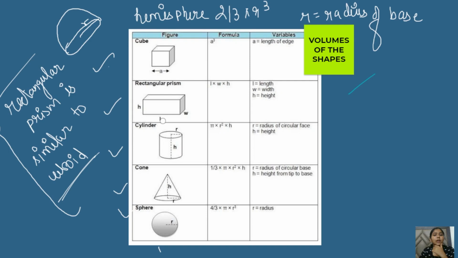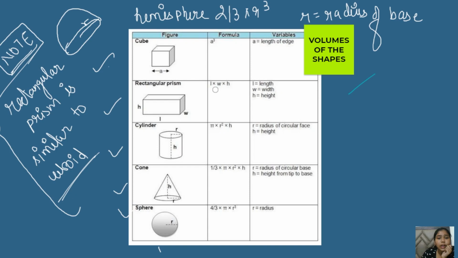That is why just a note here that rectangular prism is another name for the cuboid, and if any examiner mentions the rectangular prism instead of cuboid, then you have to apply the formula for the cuboid, right? Now the formula for the cuboid is L into B into H, or L into W into H, where L is length, B is breadth, and H is the height.